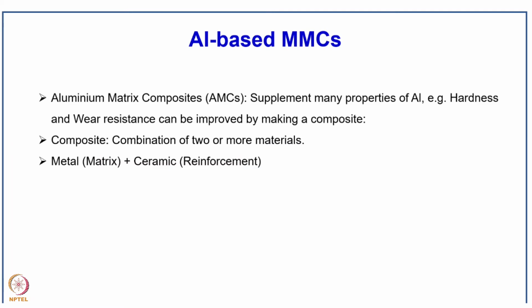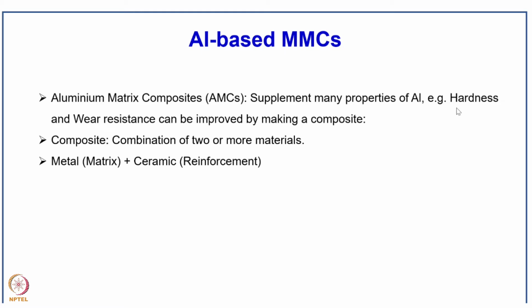So if you remember, I had also mentioned in the beginning that this kind of composite materials are made with the objective of supplementing some of the properties of the monolithic metals. Okay, for example, if you talk about aluminum, it is a softer metal.